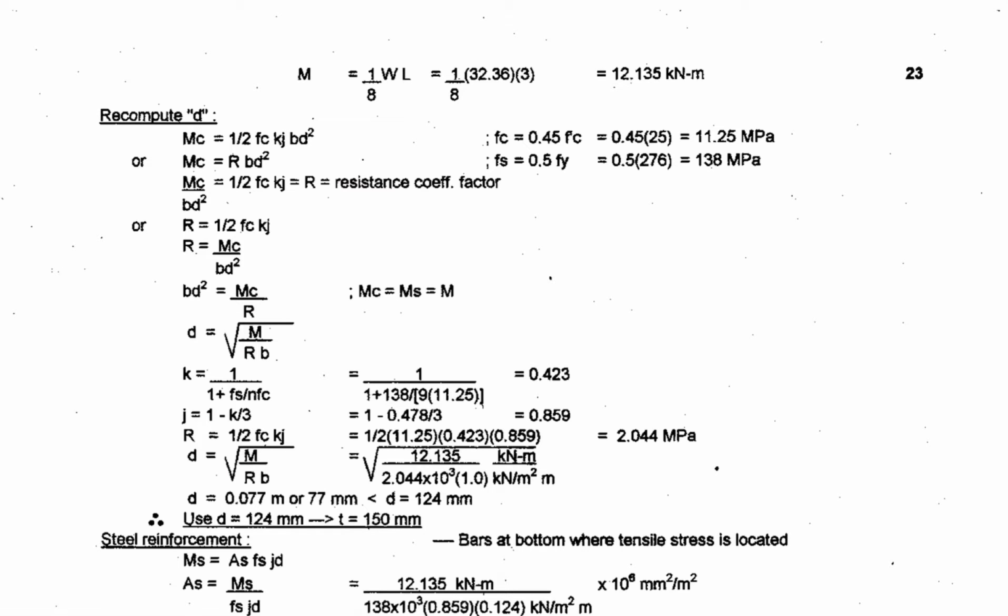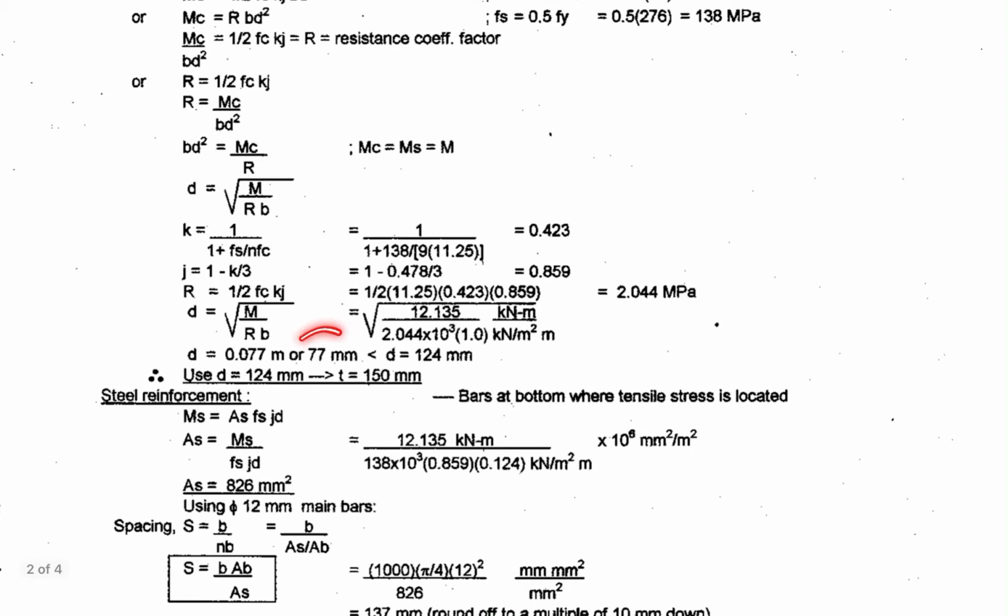Okay, so solving for d, you have your d equivalent to 77 millimeters, where your d computed based on thickness is 124. So therefore, you will use the bigger value for dimensions. Since this is designed, you will use 124, where your thickness is 150 millimeter.